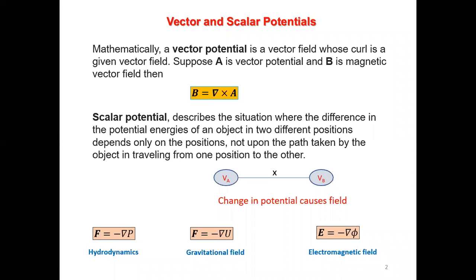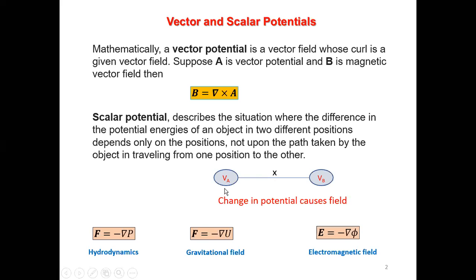So basically the negative gradient of the scalar quantity gives us the vector quantity, and this is called the scalar potential. The scalar potential describes the situation when there is a difference between the potential energy of an object at different positions.